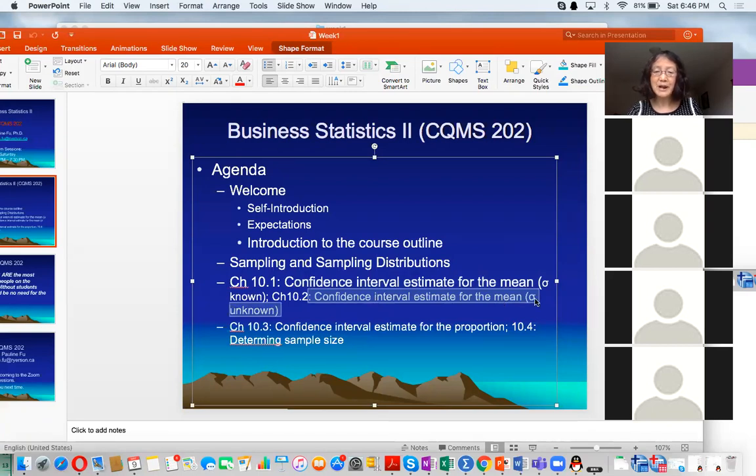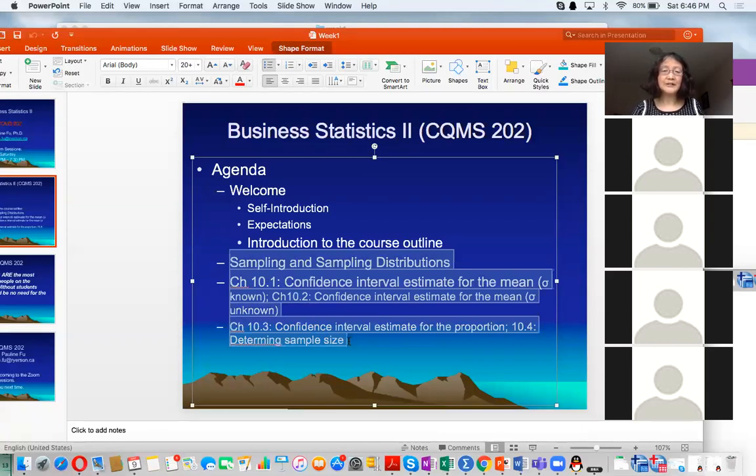When you say sigma, it must refer to population. When you say S, that means sample standard deviation. Section 3 is about confidence interval estimate for population proportion. And section 4 is how you calculate sample size. So those are module 1 and module 2 content. Now I'm going to give you a concrete example for section 1.